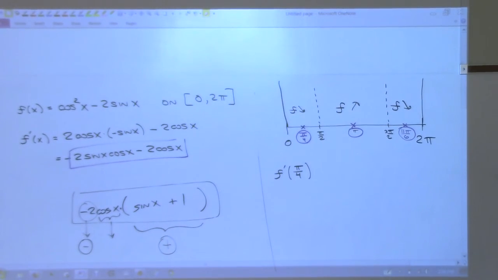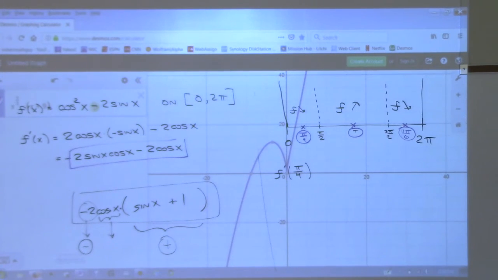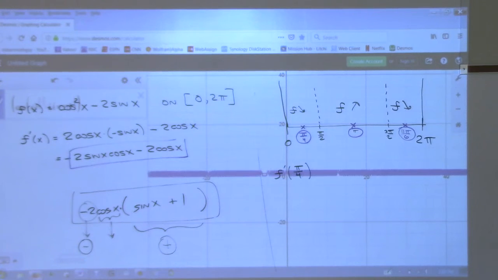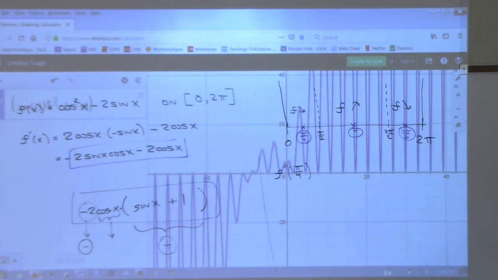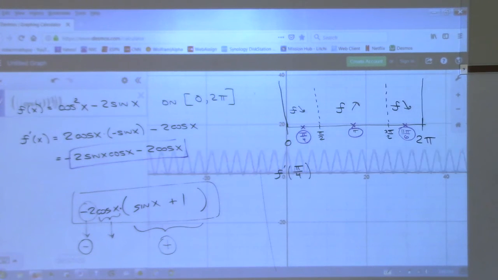Do I have a local max? Yes. Cosine x squared. What was the rest of it? -2 sine x. And I'm only looking between 0 and 2 pi.